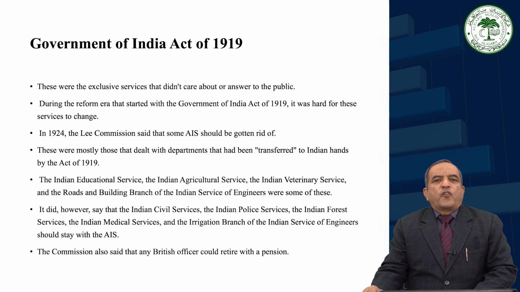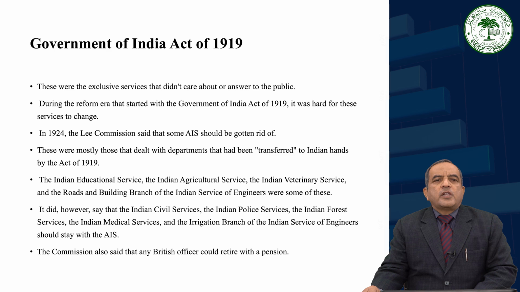The reform era that started with the Government of India Act 1919 was the heart of the change in these services. In 1924, the Lee Commission said that some All India Services should be done away with.